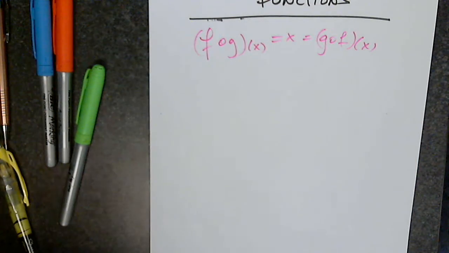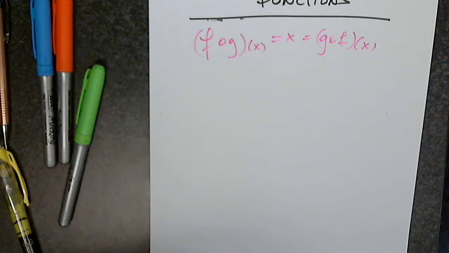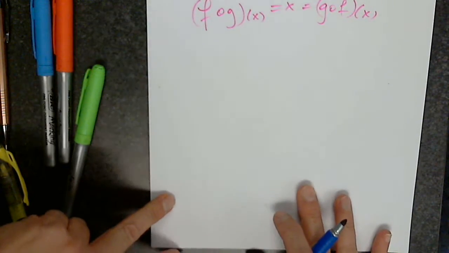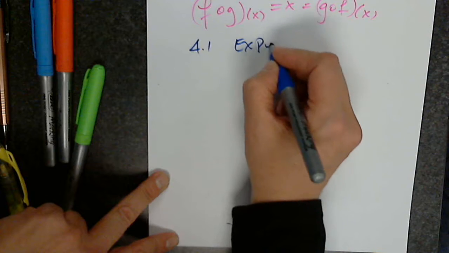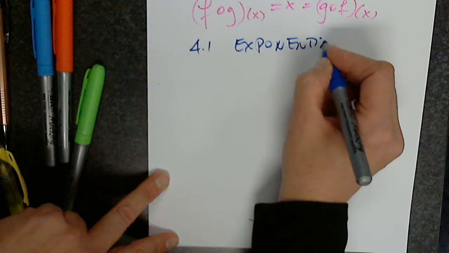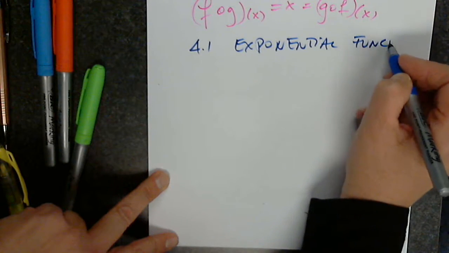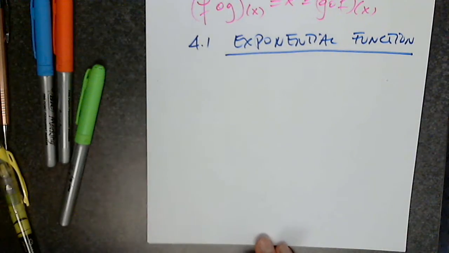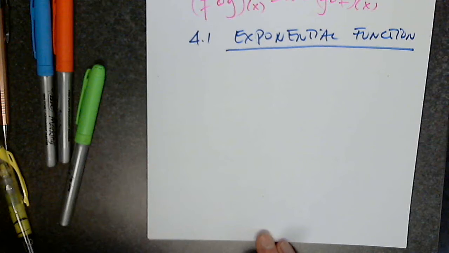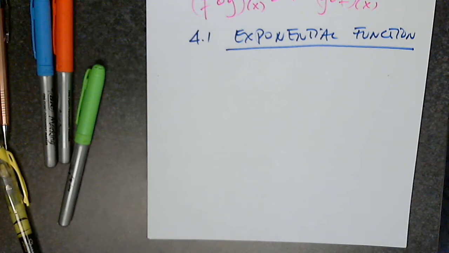Okay, so let's start with the exponential function. See how it looks, why, and how we graph it. So 4.1, exponential function. It's a very powerful function. The exponential function gets involved when you get a mortgage, when you get a loan for your car, or a loan for anything.